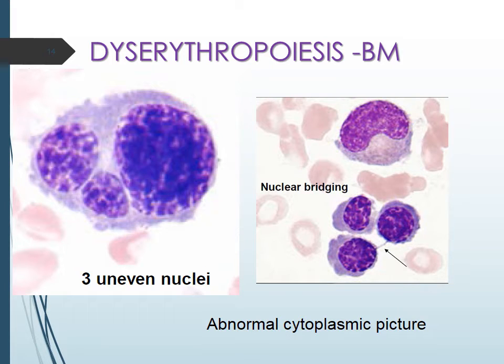The chromatin is usually hypercondensed. They are non-responsive to vitamin B12 or folic acid therapy. Giant multinucleated erythroid precursors. Ringed sideroblasts. So those are some of the characteristics in the erythrocyte arena.